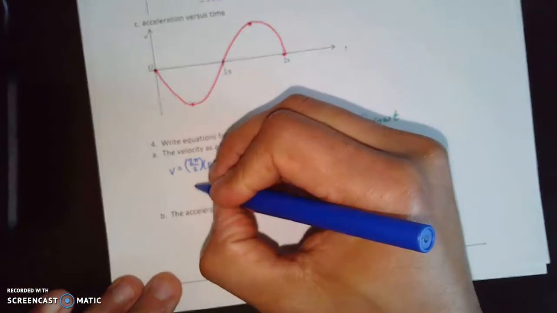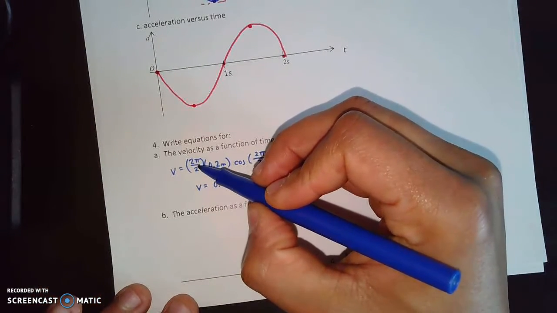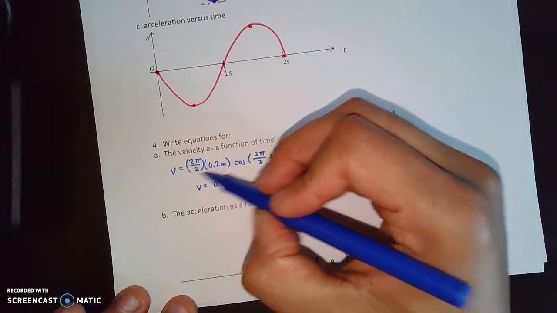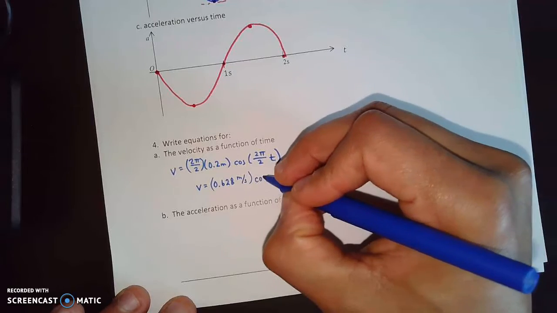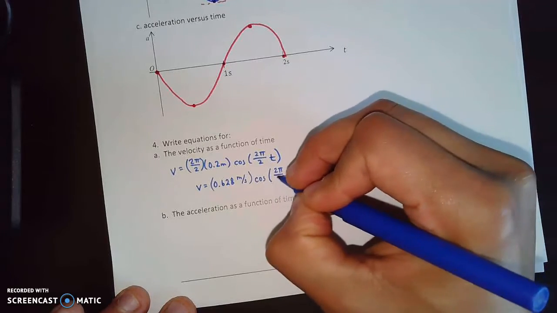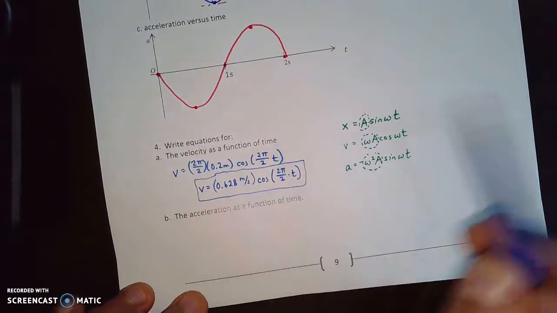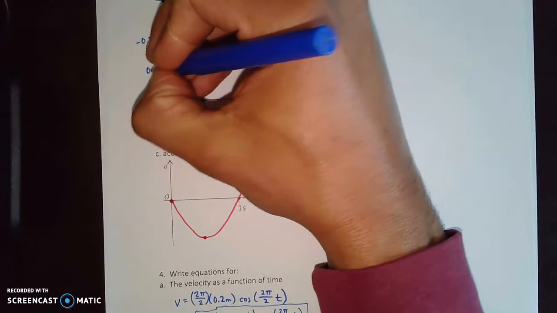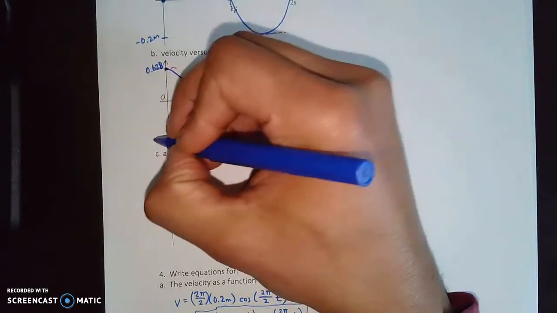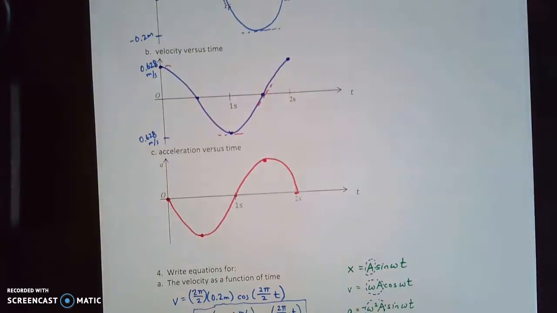Notice this is in radians, 2 pi is in radians, 2 is in seconds, so meters per second is what I get. That totally makes sense. Times the cosine of 2 pi over 2 times t. So there's my velocity as a function of time equation. From there I can say my maximum velocity is 0.628. I'm going to put that on my graph, 0.628, and down here, 0.628, because now I know what my maximum velocity is.